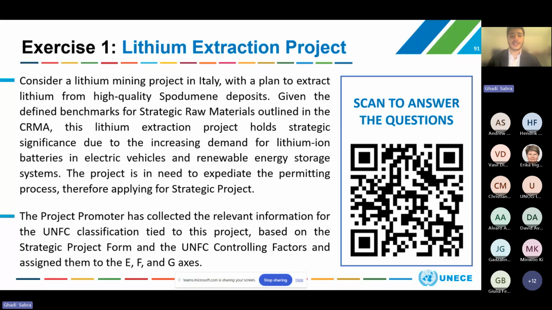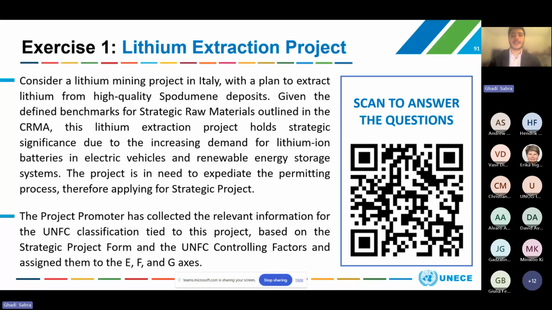So the project needs to expedite the permitting process, therefore applying for strategic projects. As you know, in the EU especially, a benefit of recognition is a faster track on permitting processes. The project promoter has collected the relevant information for the UNFC classification tied to this project based on the strategic project form that Erica showed earlier, and the UNFC controlling factors linked to this form, and assigned them to the E, F, and G axes, so going systematically.